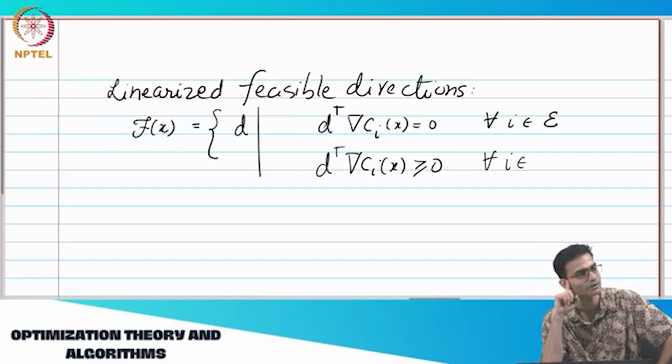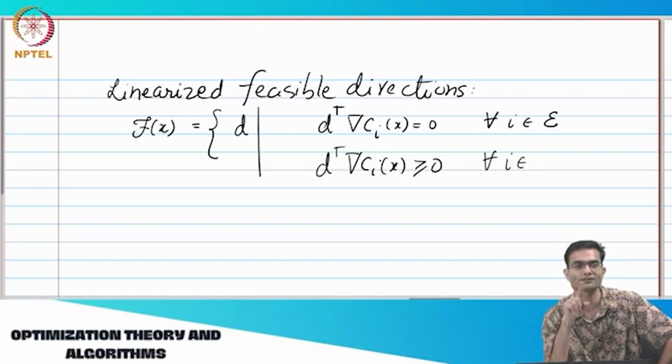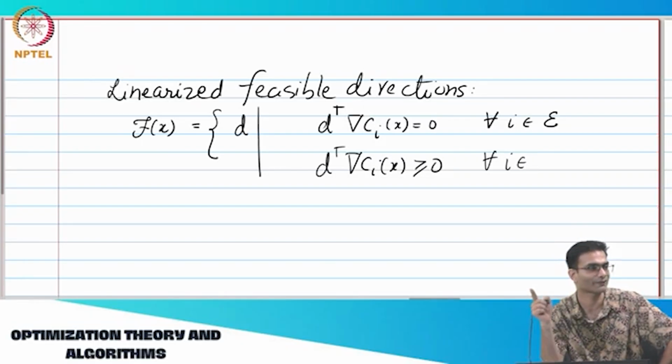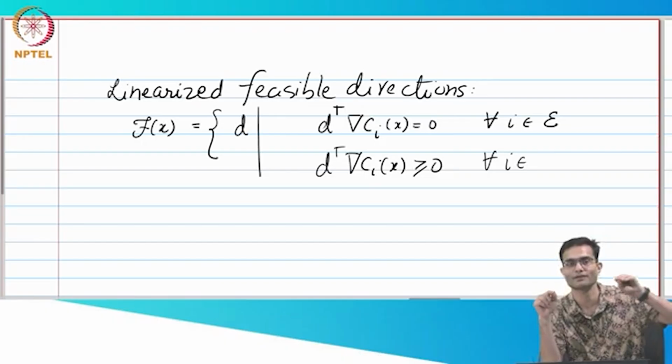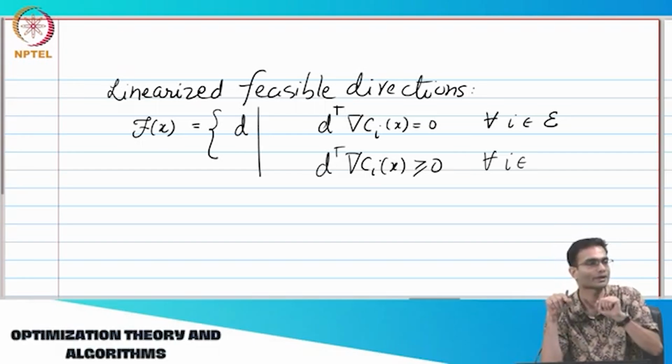Is it all inequalities for which this should be true? Think of the distinction between case 1 and case 2. What is the difference? Active versus inactive. If I am inactive, I am way inside the feasible region and any direction works. But if I am on the boundary, I had better be careful, right?